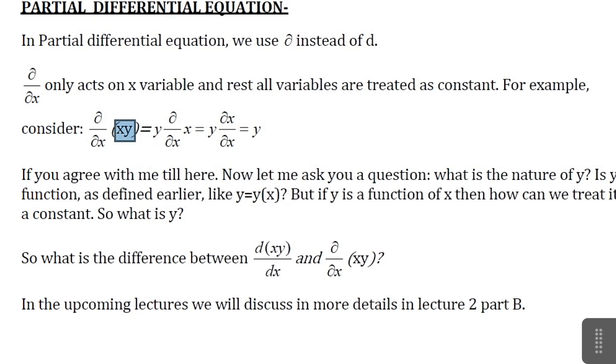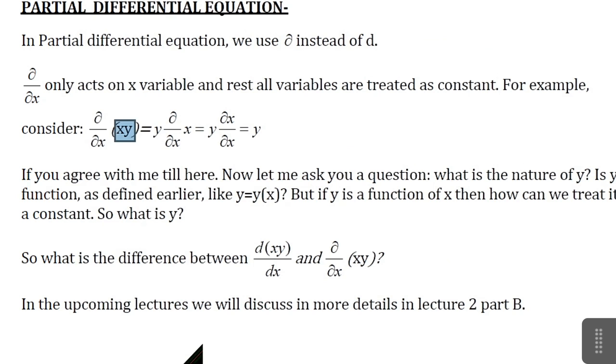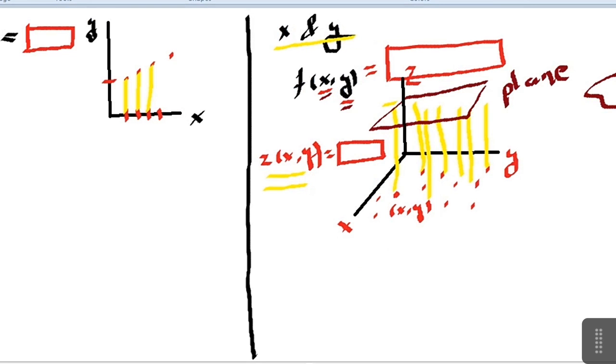It means that when I wrote this particular equation here, this xy is nothing but like any function, f of x comma y is xy.